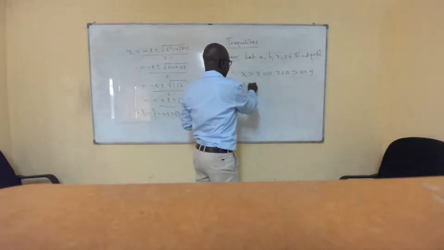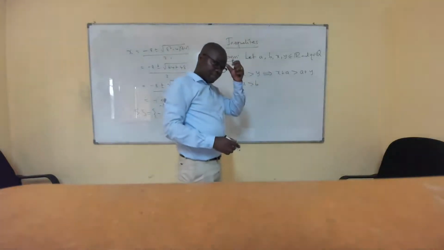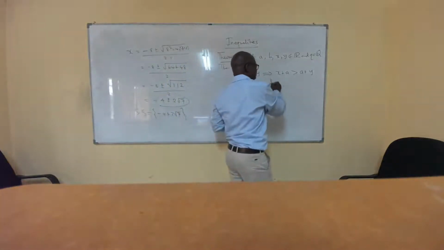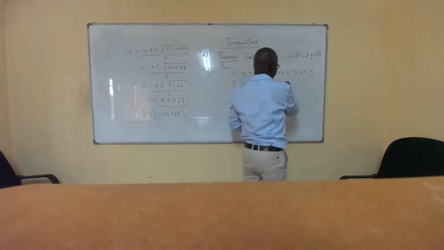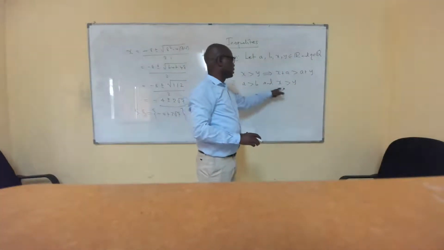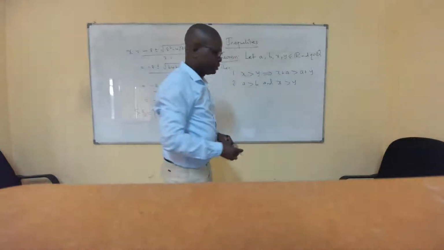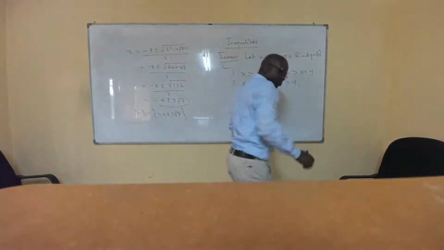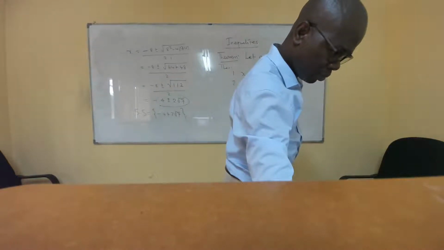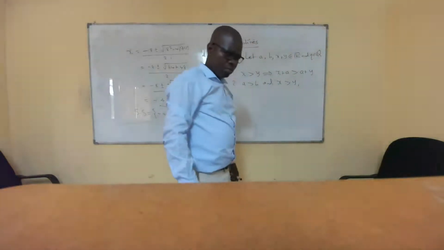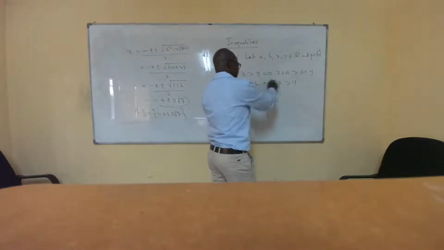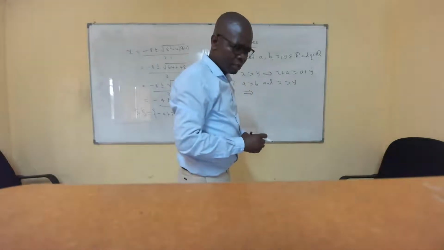2, if you have two numbers a and b, and a is greater than b, and you have two numbers, x is bigger than y, so we have this is bigger than that, then the following holds.